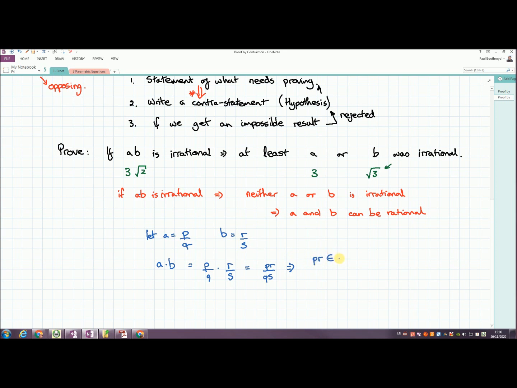So pr belongs to the integers. And qs also belongs to the integers. As they are both integers, this can be written as a rational. It's a rational answer. It can be written as a fraction.